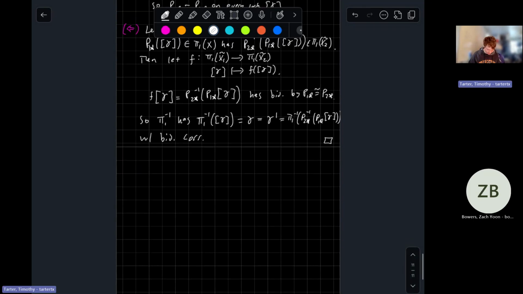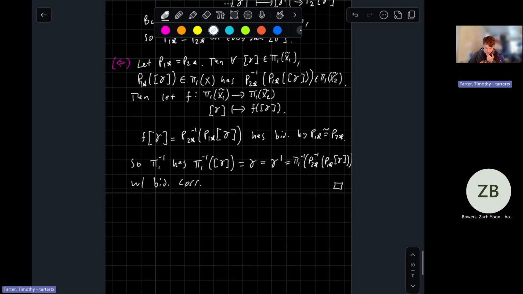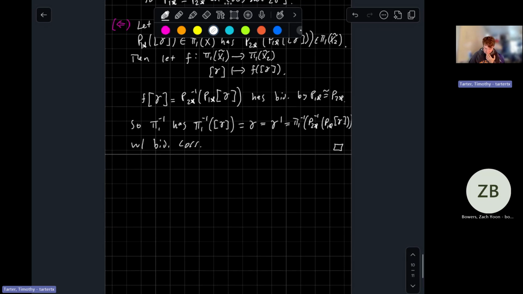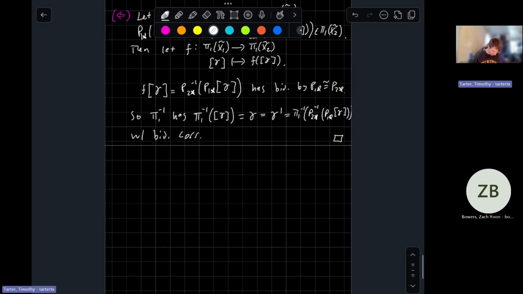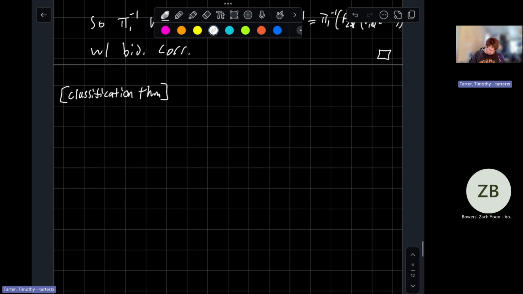And so this is the first half of the classification theorem.